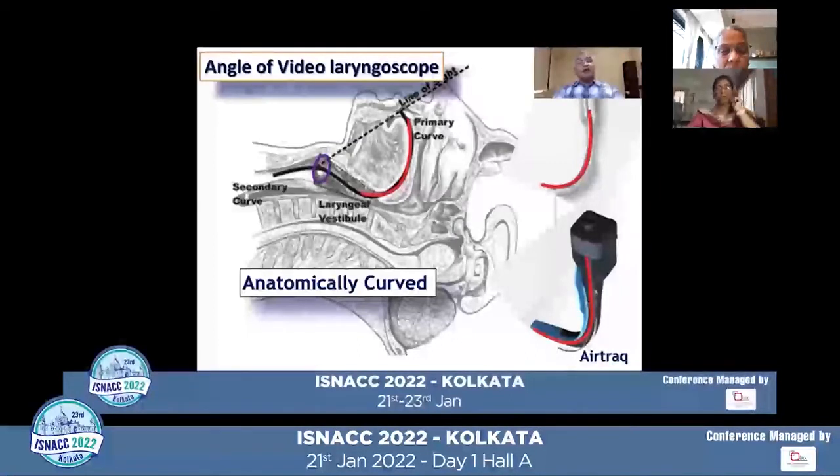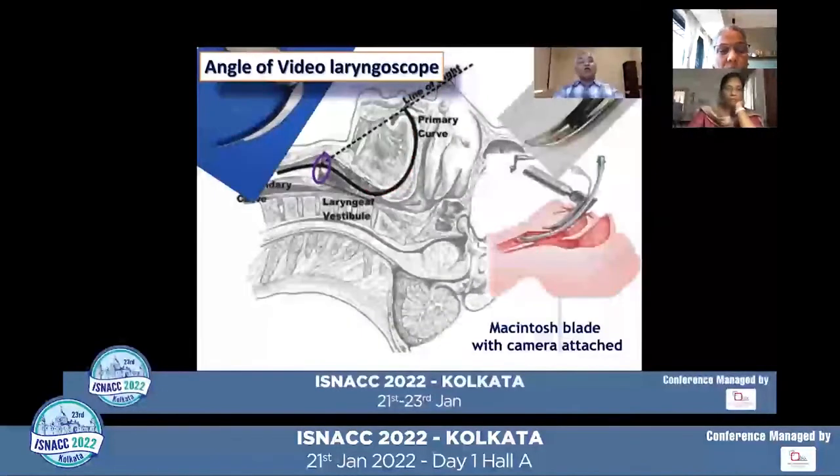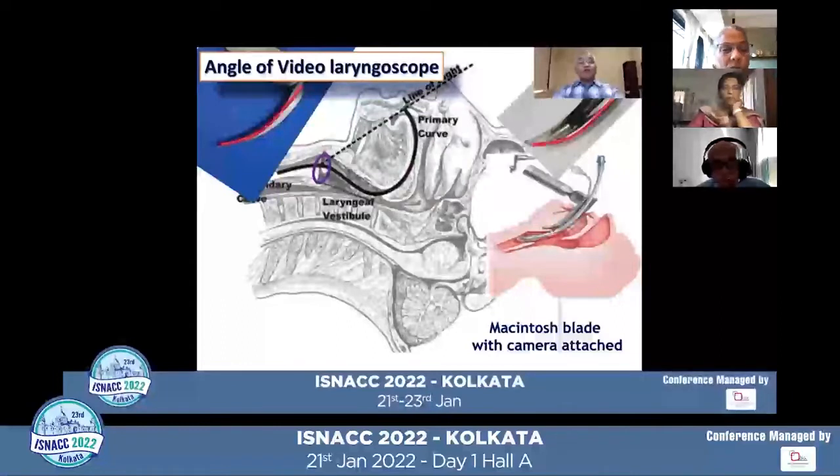They were channeled video laryngoscope blades and they are anatomically curved, and of course a camera could always be incorporated in a Macintosh type of laryngoscope blade and used as a video laryngoscope.